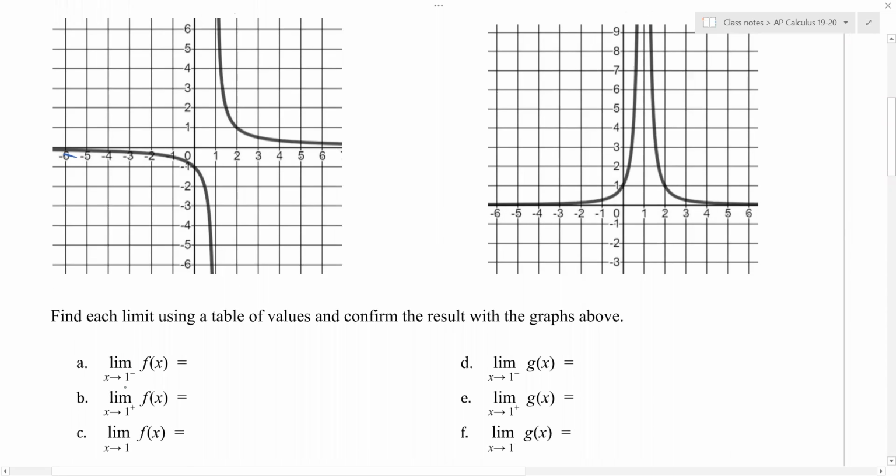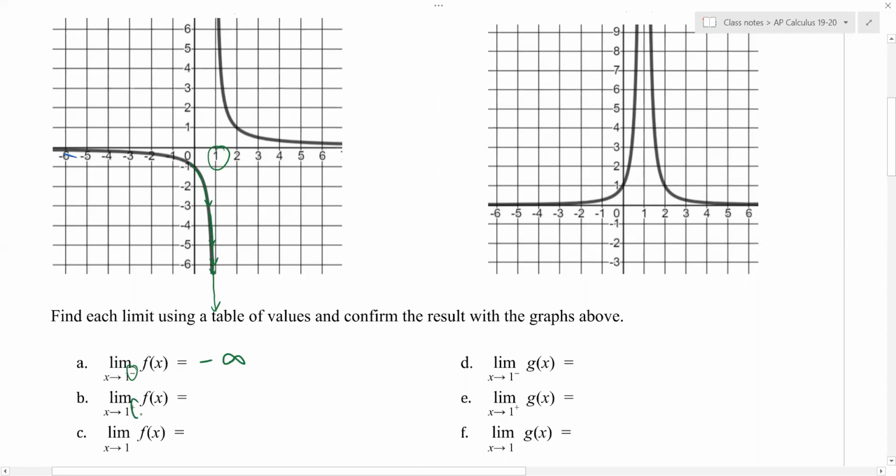The limit as x approaches 1 from the left of f of x. So here's x equals 1. Remember, that minus sign means from the left. So we're going to start at like 0 and get closer and closer to x equals 1. It looks like we're going down, down, down, all the way to negative infinity.